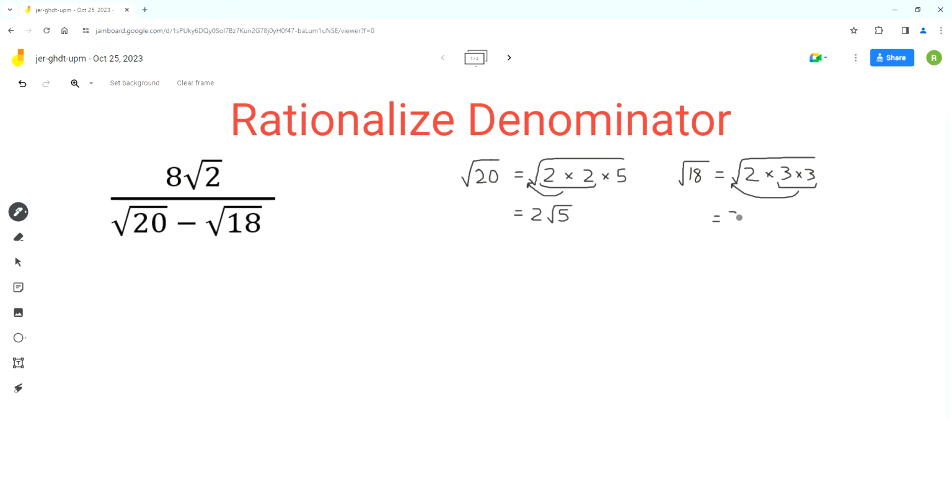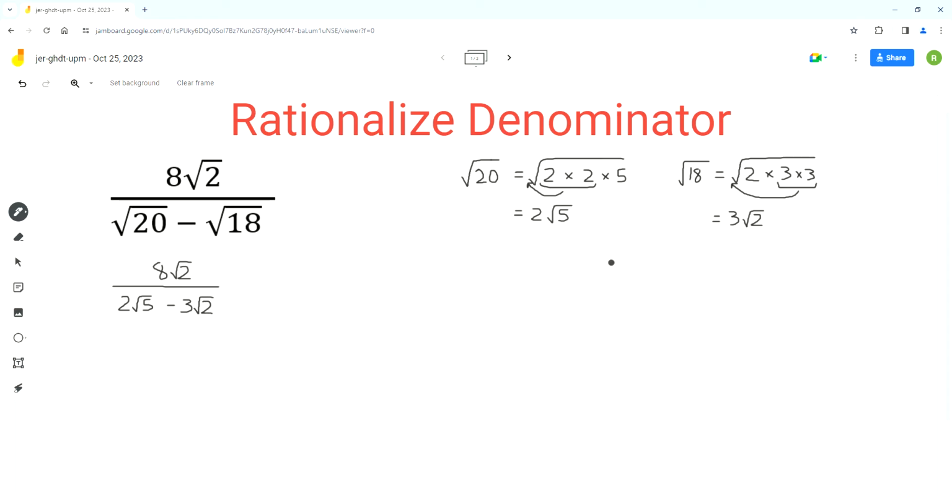So the simplified form of square root of 18 is 3 times square root of 2. Now we can rewrite our given expression as 8 times square root of 2 over 2 times square root of 5 minus 3 times square root of 2.